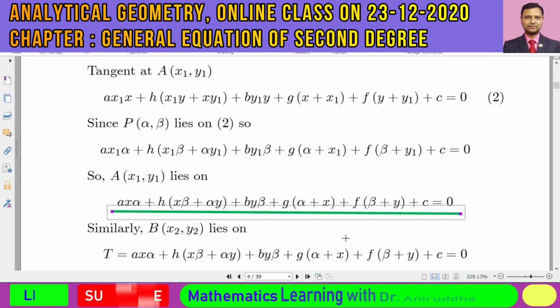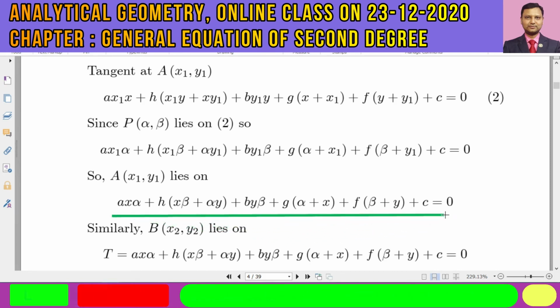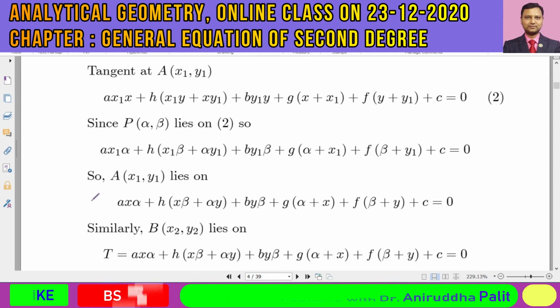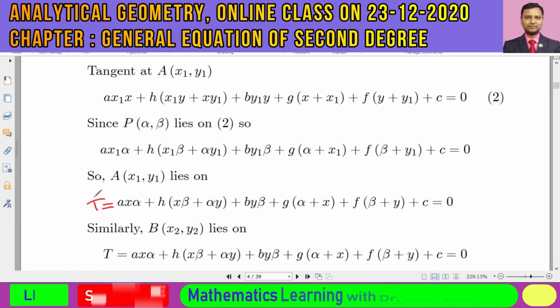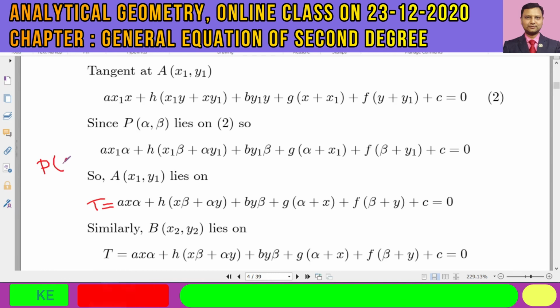If you observe it a bit carefully, the left hand side is the expression of capital T at the point capital P alpha comma beta.